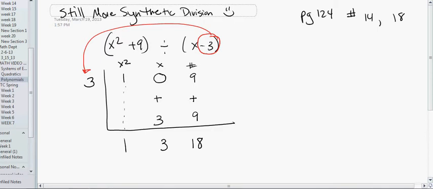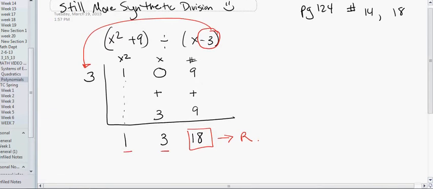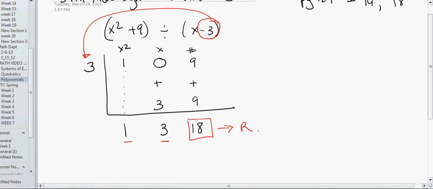That last number is always my remainder. And the first 2 numbers that I get in my answer are going to be the coefficients of my answer polynomial. And I replace the variables with 1 degree less than where I started. So I started at a 2, which means that my variable will just have a 1.